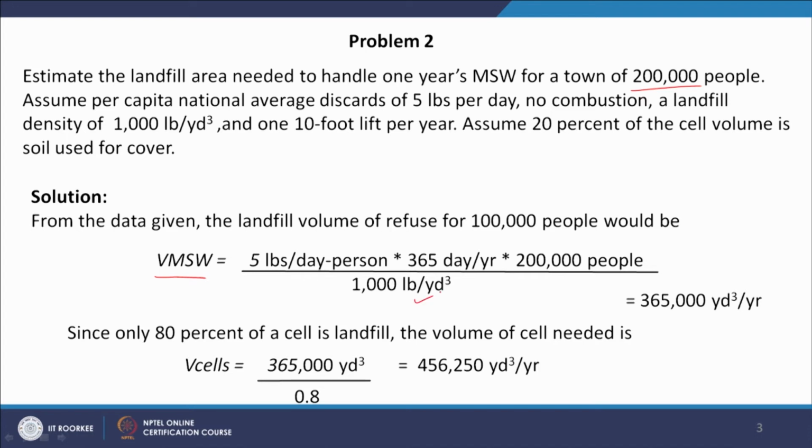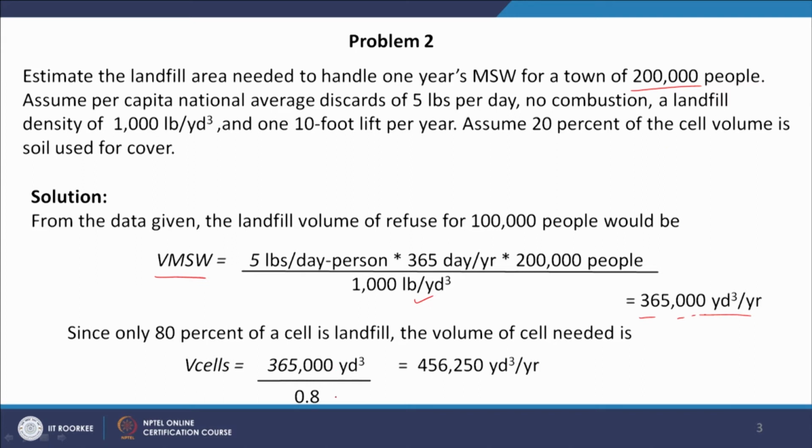So, then we are getting 365,000 yard cube per year. So, this is our total volume of the MSW. Now, it is given that 20% of the cell volume is soil used for the cover. So, 80% is MSW and 20% is the volume of the soil which is used for this purpose. So, this is the MSW volume. So, what will be the cell volume?